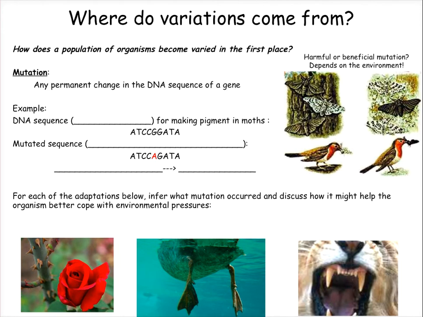So, for example, let's say that we have a population of moths, and these moths carry a gene for making brown pigment. So, let's look over here.